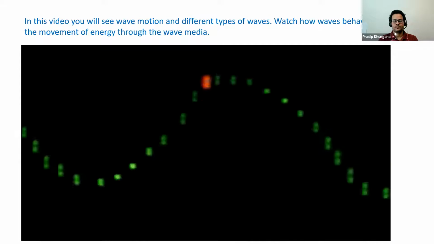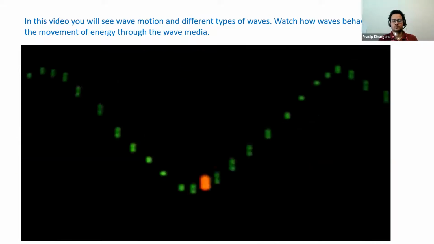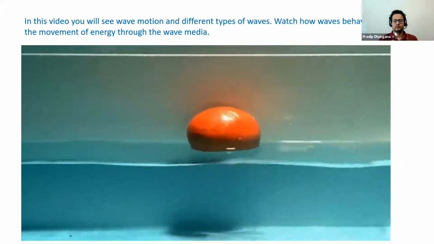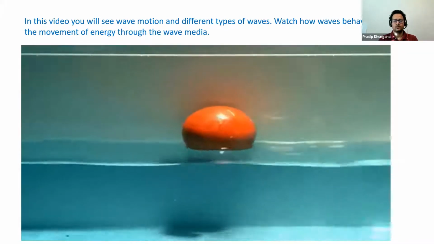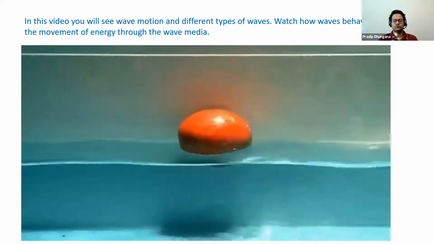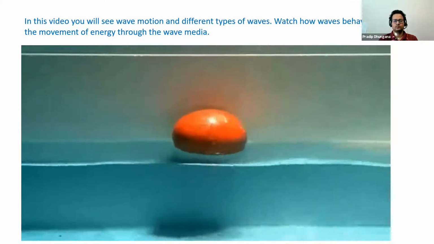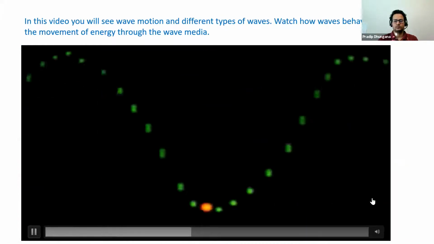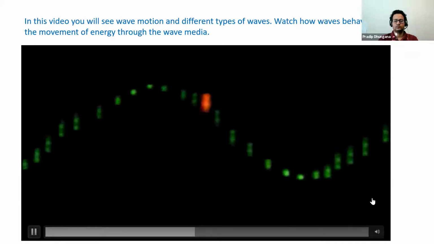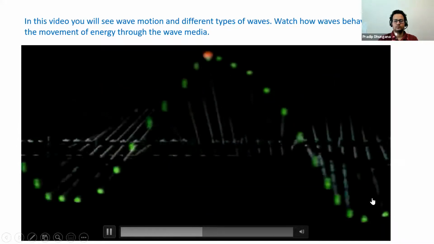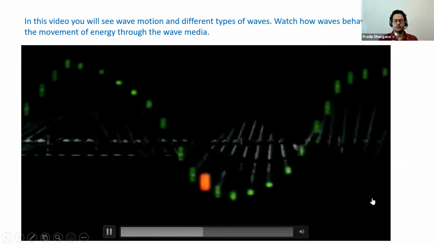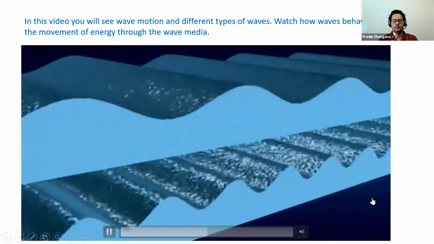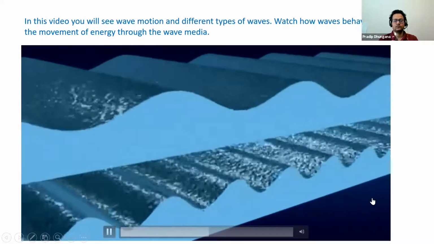Focus on just the orange spot and you'll see that it moves up and down. It oscillates. Although the waves travel from right to left, the particles on the surface of the water are simply bobbing up and down. This movement is at right angles to the direction in which the waves travel, so it's called a transverse wave. These waves are both transverse, but they look different.